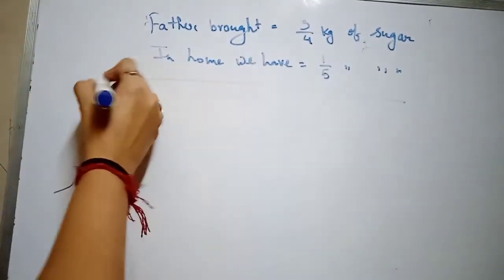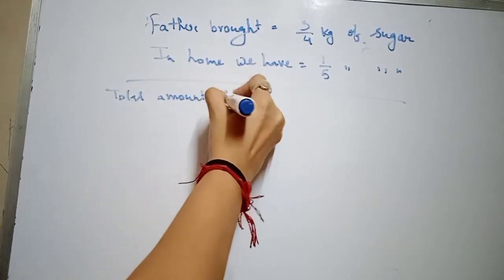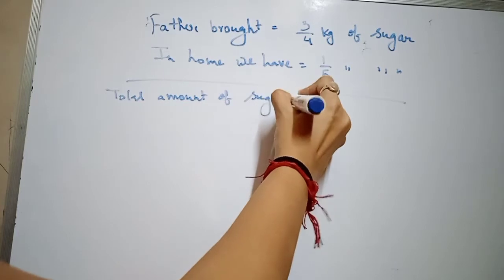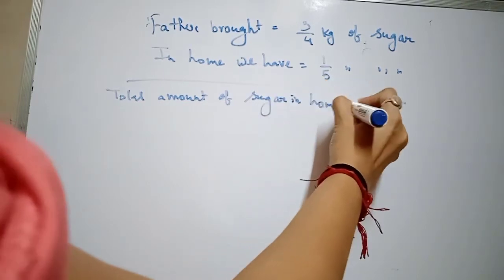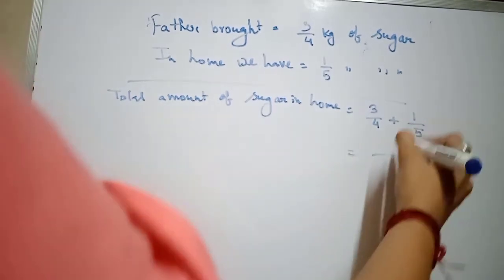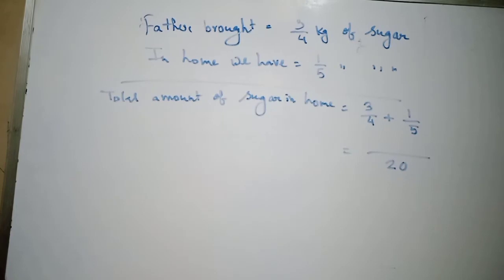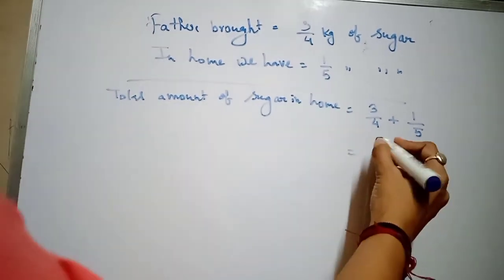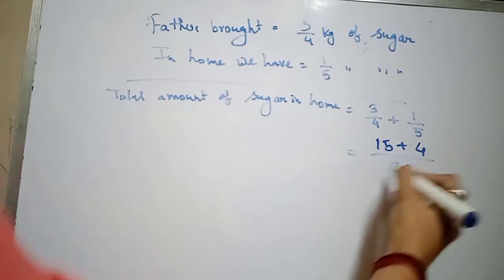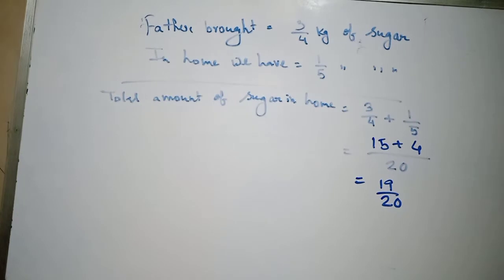So the total amount of sugar at home is 3/4 plus 1/5. The LCM of these two numbers is 20. 20 divided by 4 is 5, 5 into 3 is 15, and this will be 4. That is 19 by 20, the total amount of sugar at home.